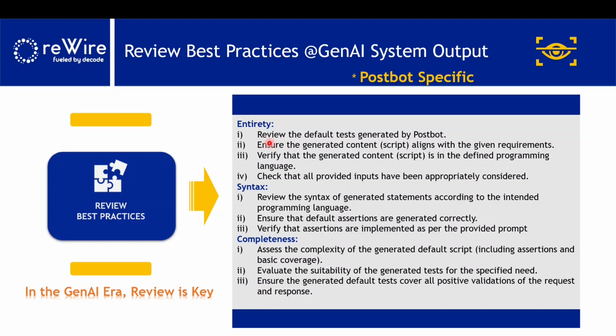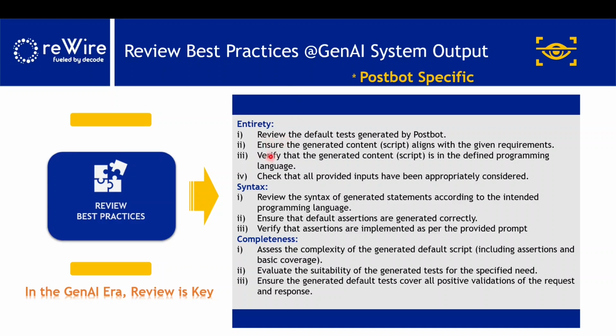The third one is completeness. For automation development purposes, we need to see the completeness as well. Earlier you have seen the basic test; we need to ensure whether the basic test is completely suitable to the need or not. If not, we need to add to it. That's the decision we need to take.